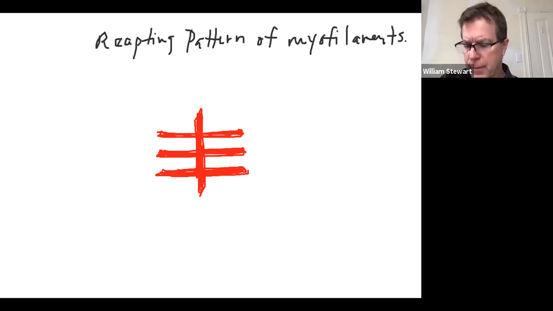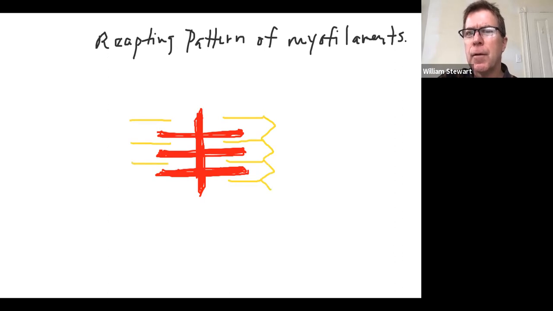Now I'm going to draw the actin molecules, and those typically look something like this. I'm going to label this piece. What I've drawn for you here is just one sarcomere. One contractile unit basically goes from this, it's called the Z disc.